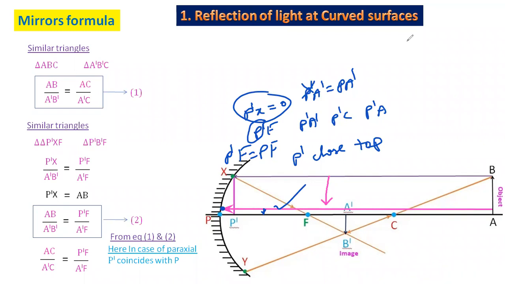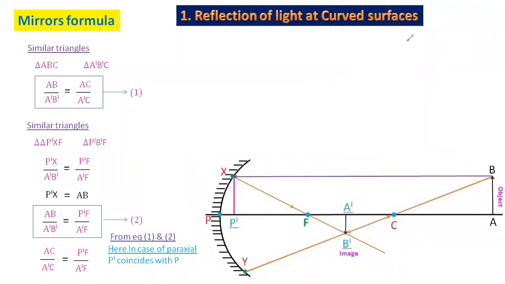So here, the ray which is very close and parallel to the principal axis is called a paraxial ray. So paraxial rays are nothing but rays which are parallel to the principal axis and very, very close to the principal axis. That ray is only called paraxial rays.